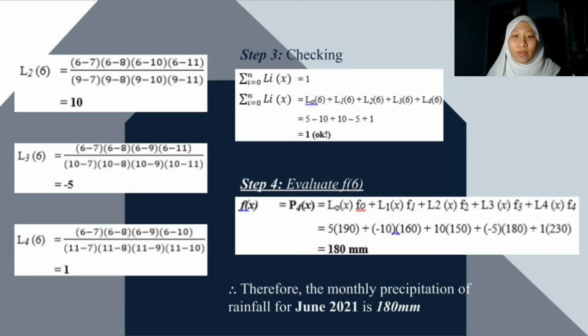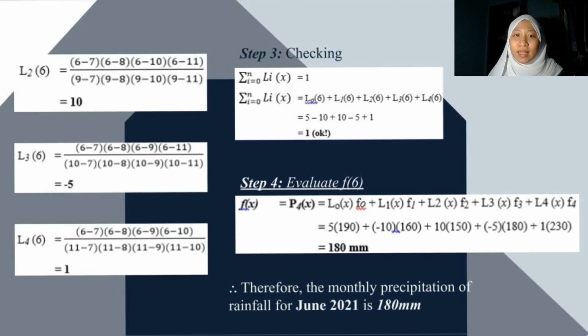Step 4, we evaluate by replacing x with 6. And then we get P4 is 180 millimeters. Therefore, the result of this data is that the monthly precipitation of rainfall for June 2021 is 180 mm.